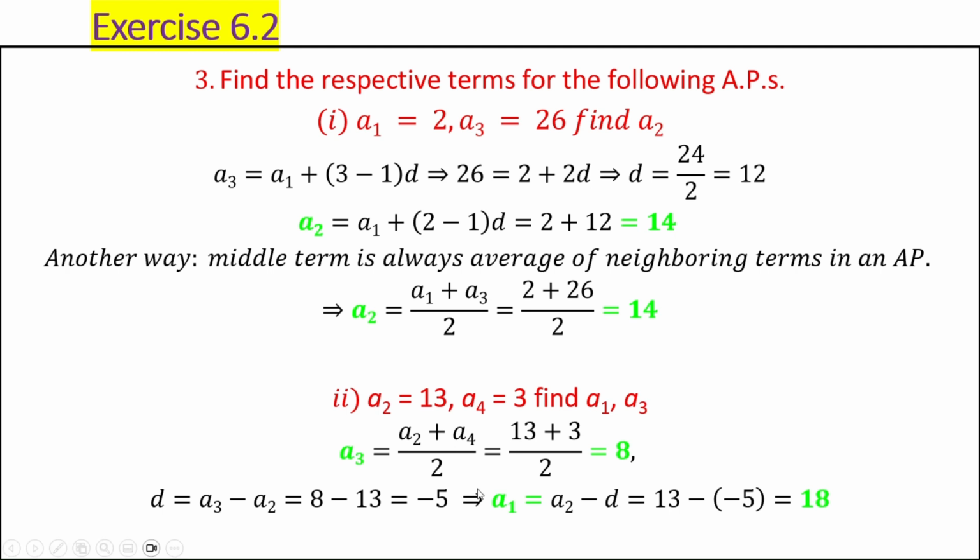So 8 minus 13, which is minus 5. And A1, oh, they asked for A1 actually, not the common difference. A1 equal to A2 minus D, which is 13 minus of minus 5, which is equal to 18. Next.